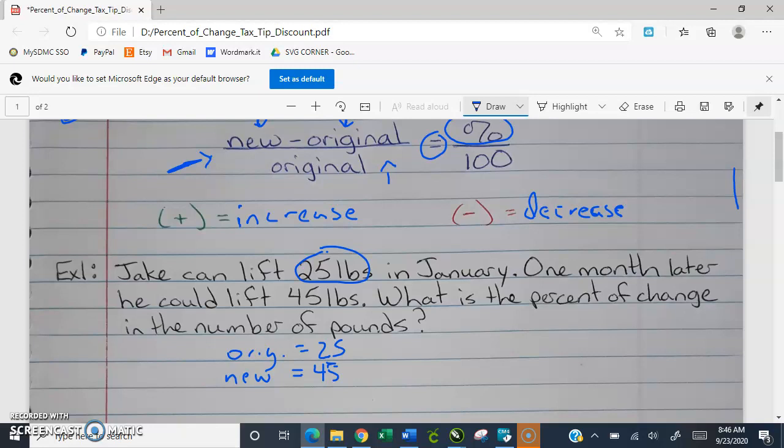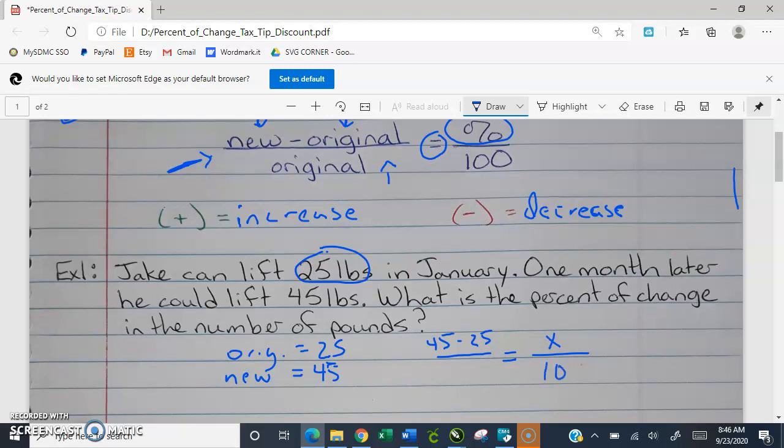Okay. So let's plug in these numbers. So we have the new, which is 45, minus the original, which is 25. Again, we don't know what the percentage is, but we need to find it.